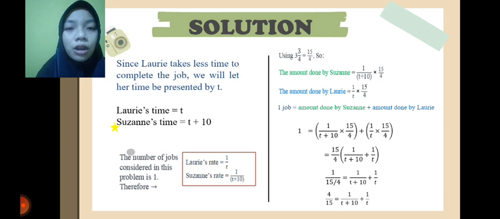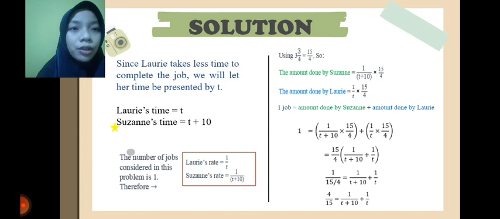So Larry's time is t and Susan's time is t plus 10. The number of jobs considered in this problem is 1. Therefore, Larry's rate is 1/t and Susan's rate is 1/(t + 10).